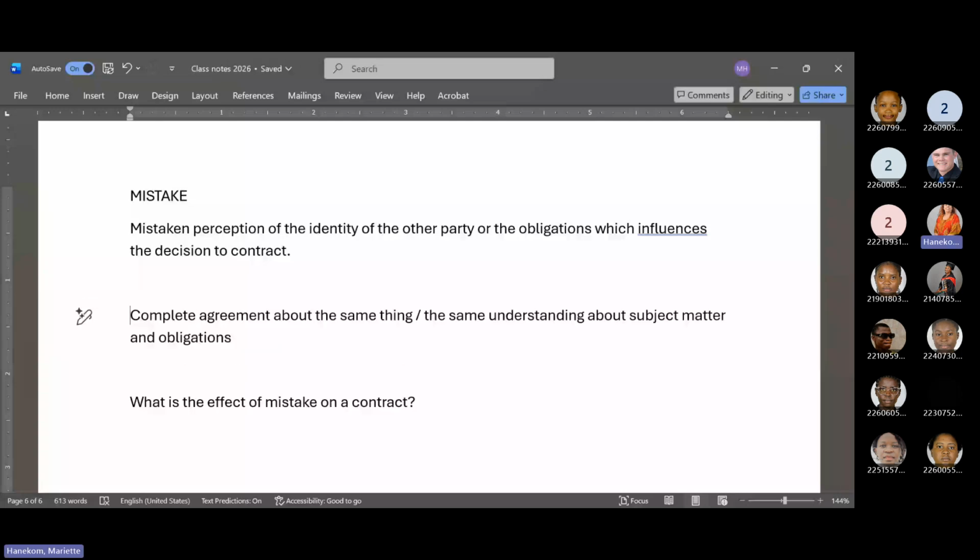But now, the moment there isn't an agreement, Celine thinks loan, Martha thinks rental. That is a mistake, which means there's no complete agreement. And if there's no complete agreement, there is no consensus.